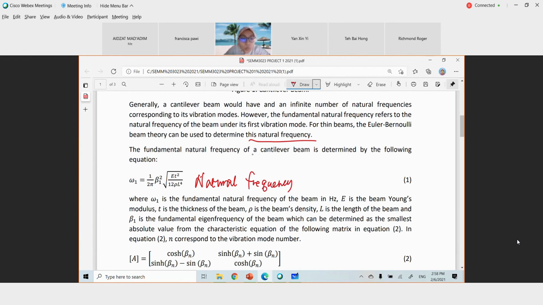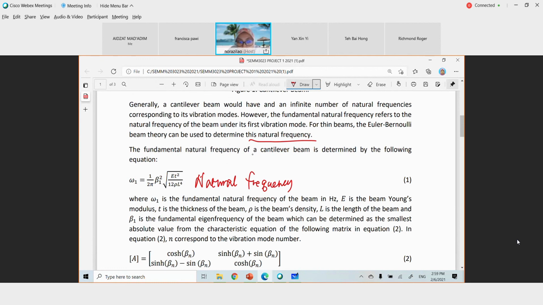Where the natural frequency is the fundamental natural frequency of the beam in hertz. E is the beam Young's modulus. T is the thickness of the beam. Rho is the beam density.